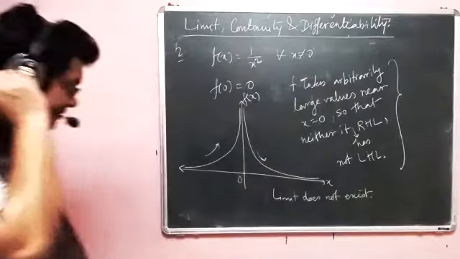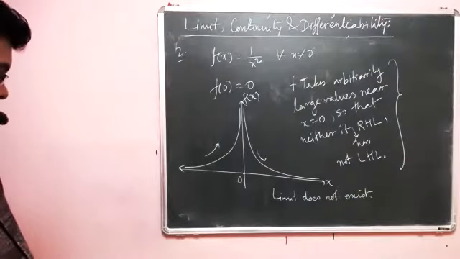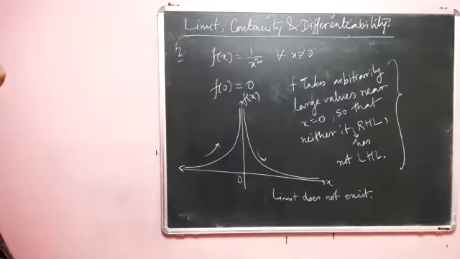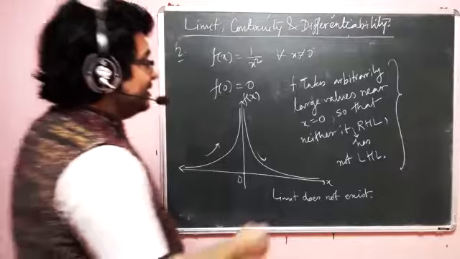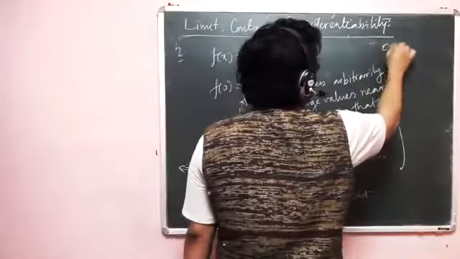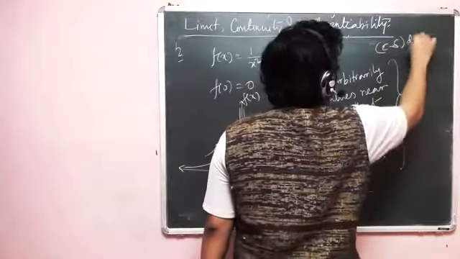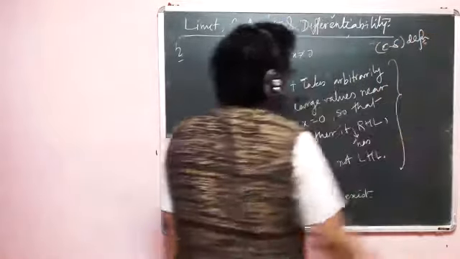Now here we see a point where, if I have to rigorously show that, I need the epsilon delta definition. Why?